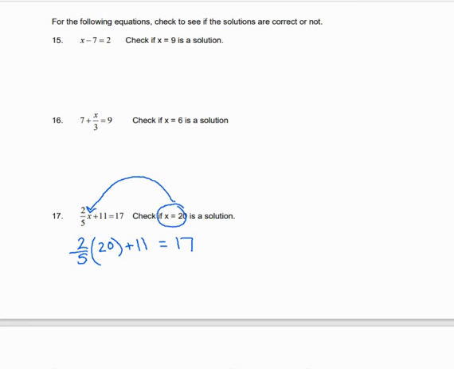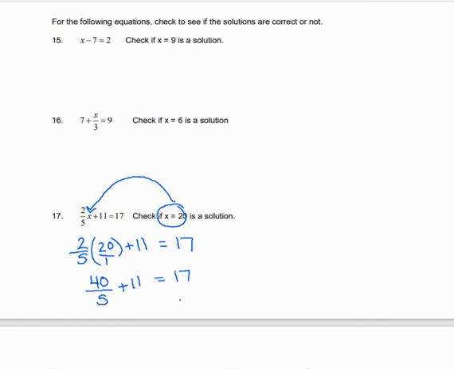Just always put the 20 over 1, right? Okay. Multiply across. 2 times 20 is 40. 5 times 1 is 5. Carry down that plus 11 and the 17.